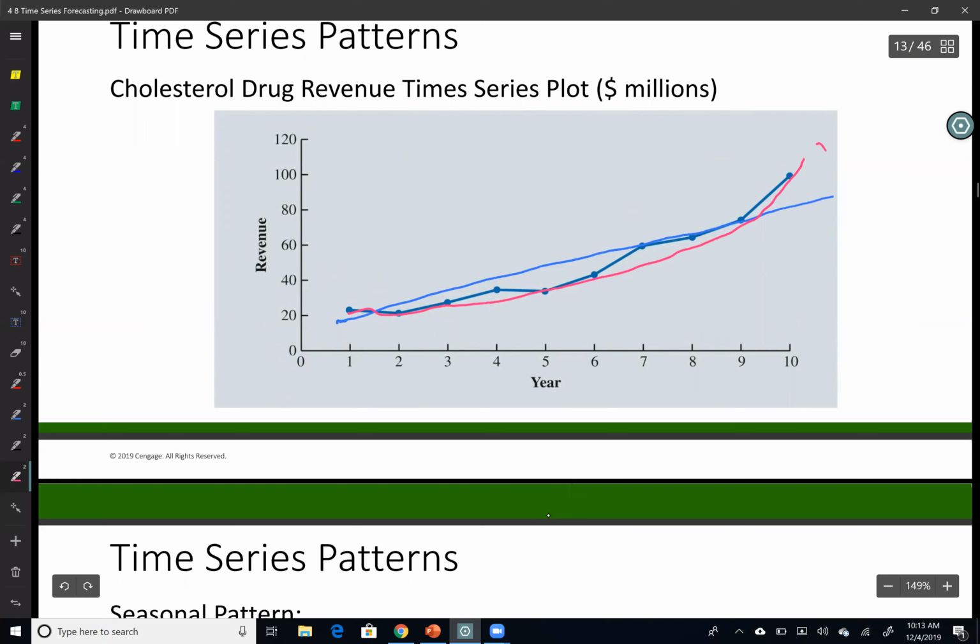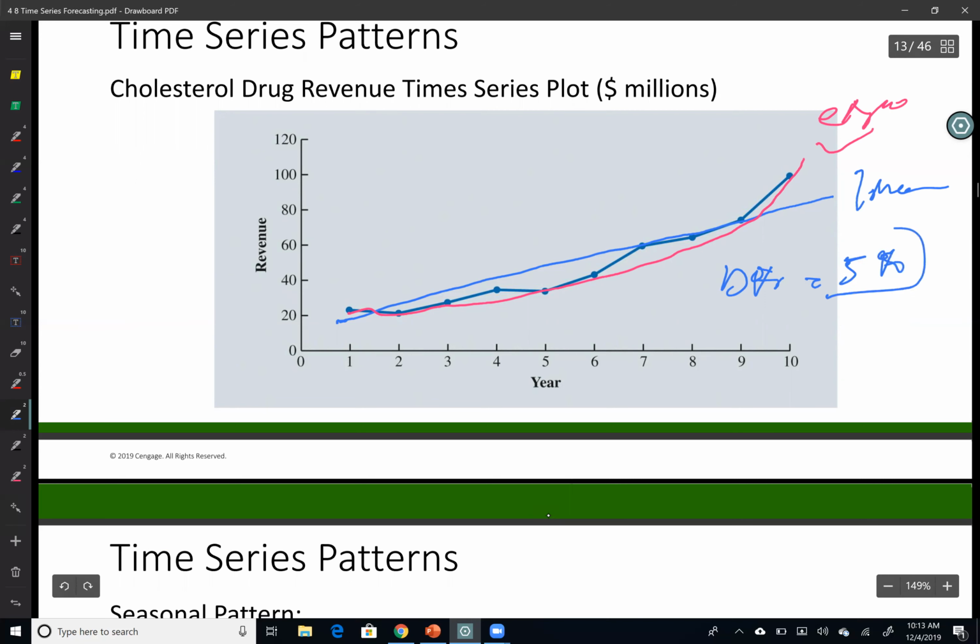So I would say this exponential line is better than this linear line, because the data is going higher and higher with, let's say, a percent change of, I don't know exactly here, but let's say 5%.